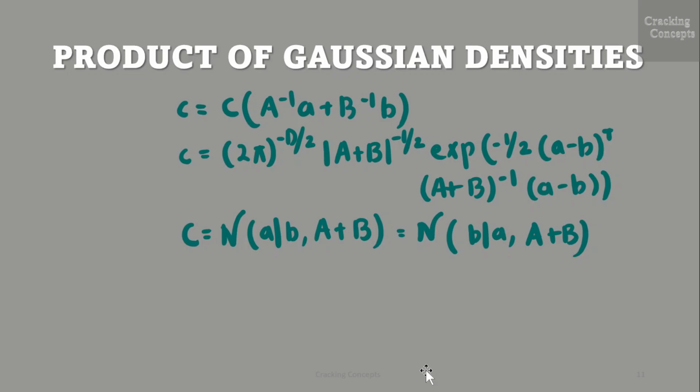Now the scaling constant c itself can be written in the form of a Gaussian density either in a or b with an inflated covariance matrix A plus B. That is, c is equal to a normal distribution where mean is a given b and variance is A plus B, which is also equivalent to a normal distribution with mean b given a and variance as A plus B.